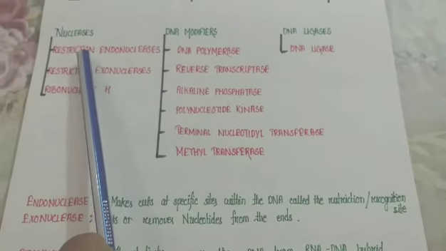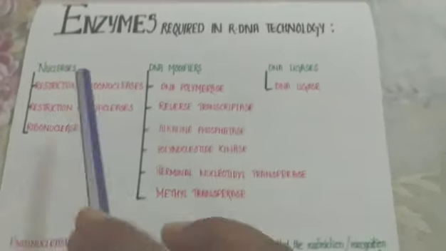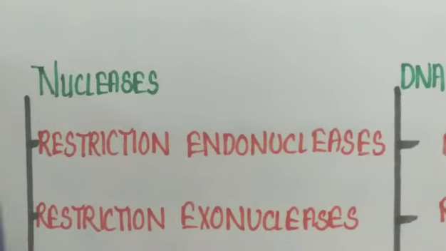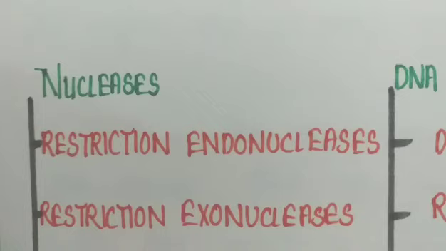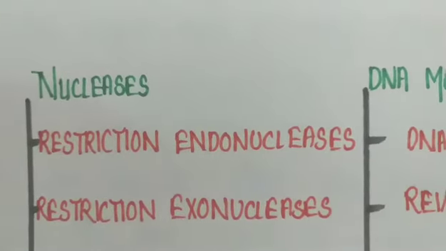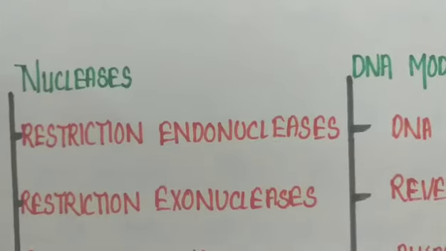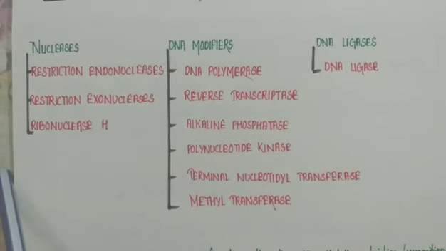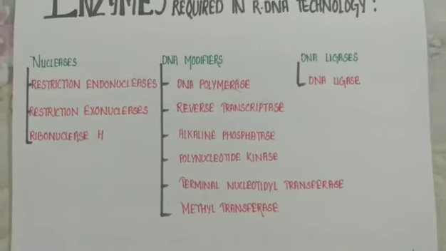First of all, let us discuss what restriction endonucleases are. Before giving the total description, I must first say that restriction enzymes are those enzymes which are useful in genetic engineering to cut DNA molecules. They are also known as biological scissors, like the usual scissors that we use.